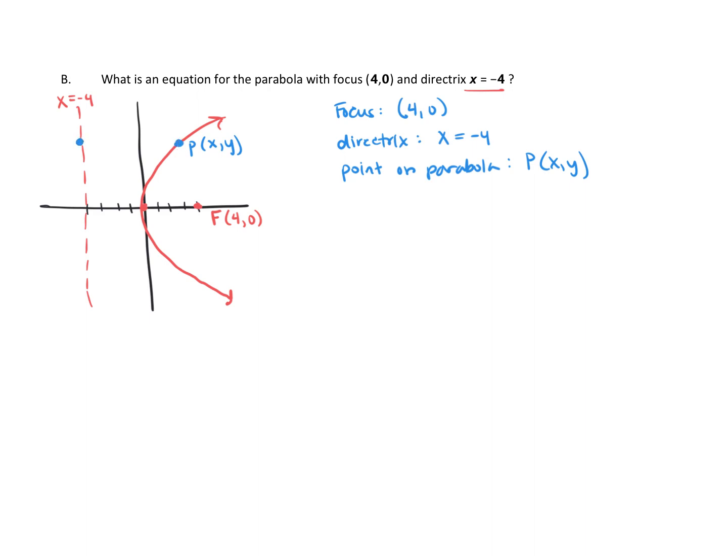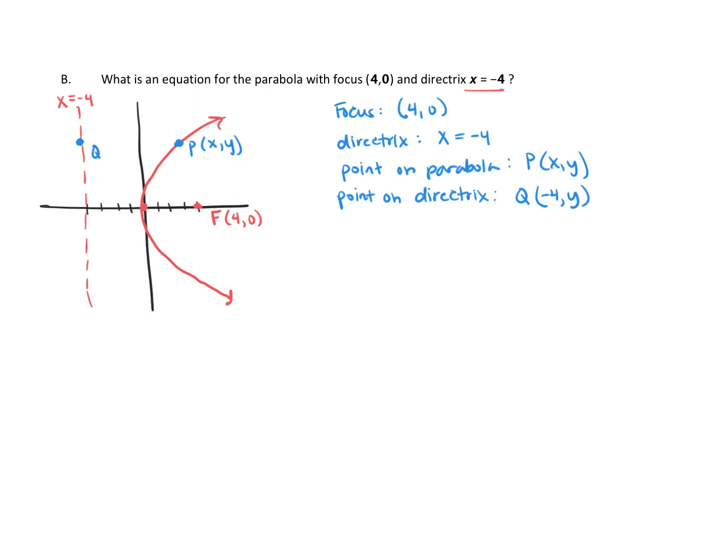We're going to call that point Q. So a point on the directrix is Q, and that has the ordered pair: if it's on this vertical line, the x is -4. And the y, we don't know, but since it's in line with this point, it's going to have the same y coordinate. So it's just y.